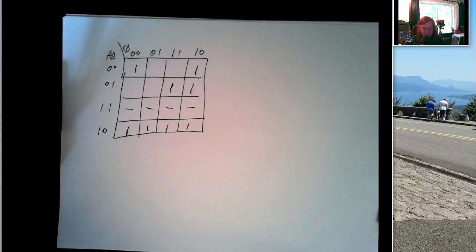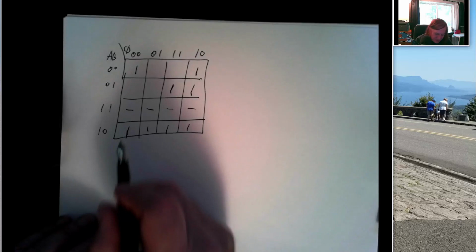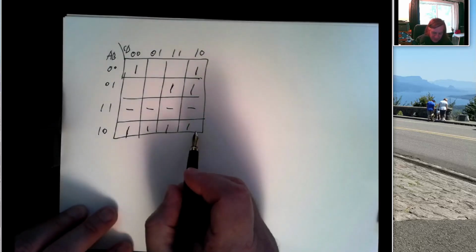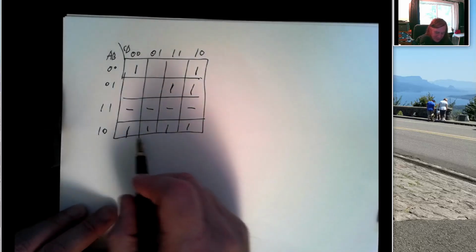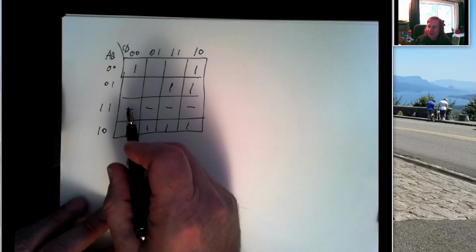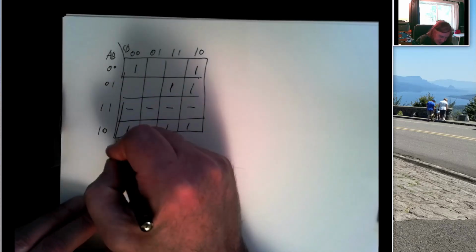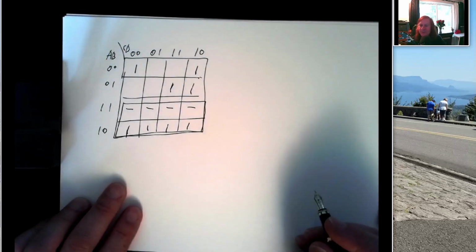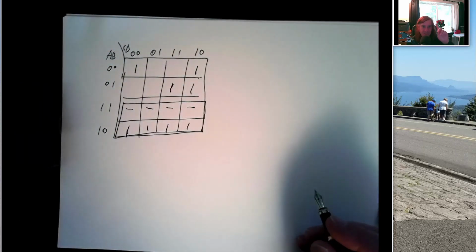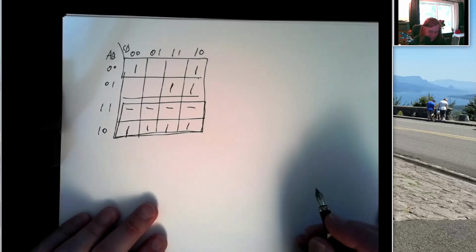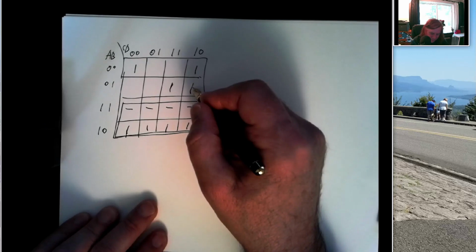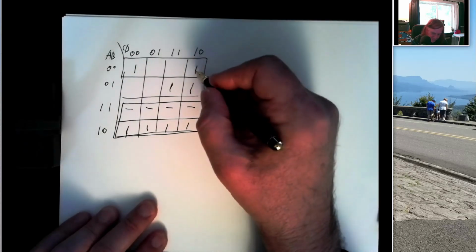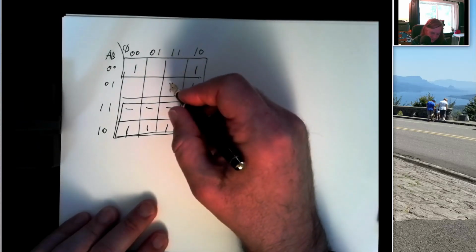Well, this is a good setup. We've got 4 ones right here, and we could cover that with a 1 by 4, but we can also pick up these dashes and treat those as 1s, and there's a big 2x4 rectangle that's going to give us a single expression. So that's a good cover. Here's a pair of ones, and we could cover that with a 1x2.